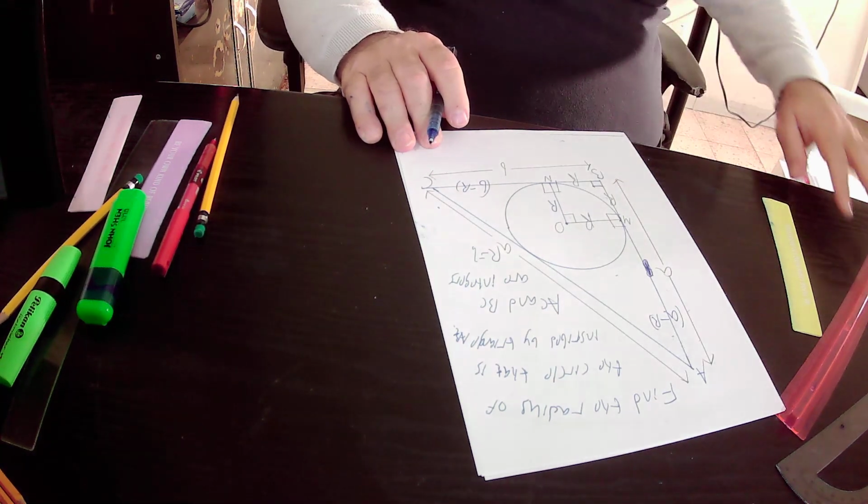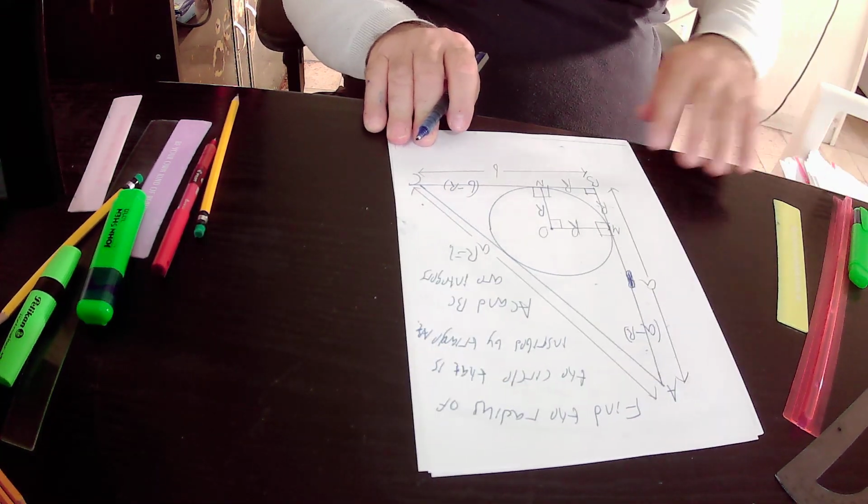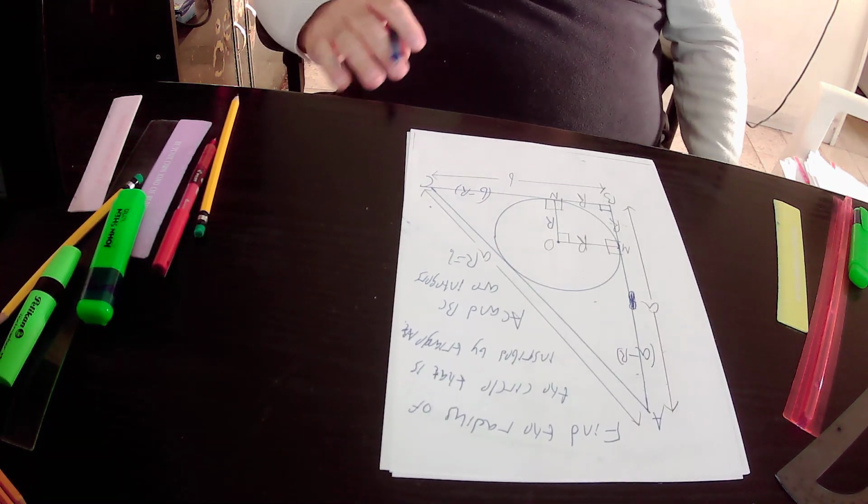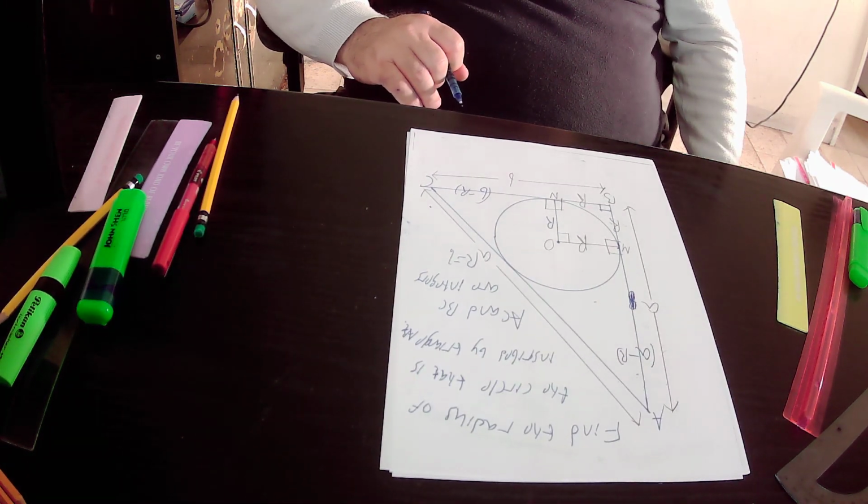And we also have rule number 2. According to rule number 2, the lengths of two tangents from a common standpoint to a circle are equal.